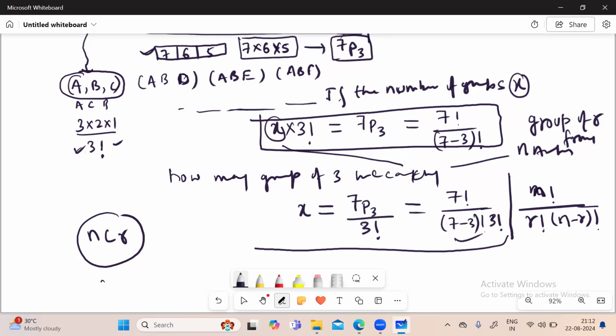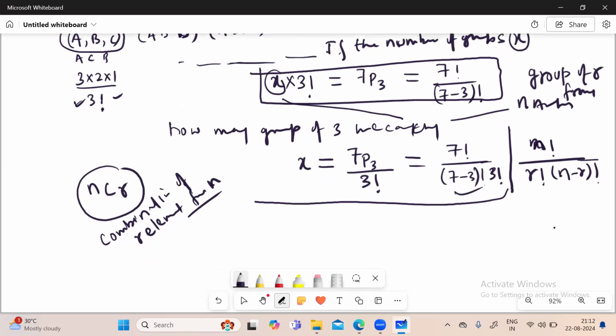So combination of r elements from n elements, or you can tell the same thing as making groups from n elements, taking r at a time, of r size.